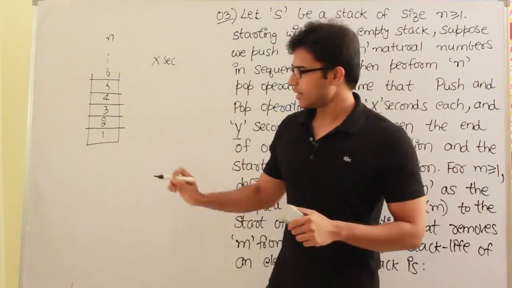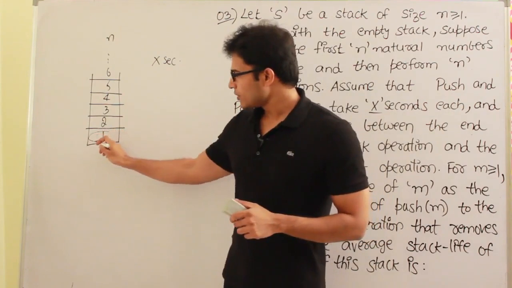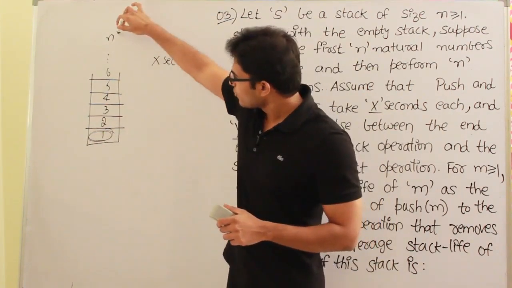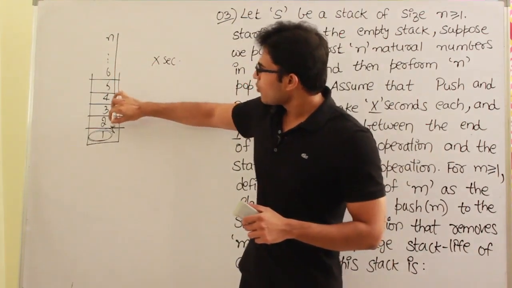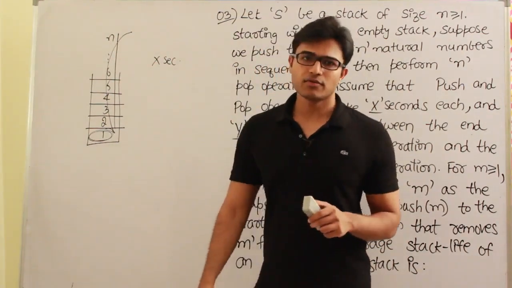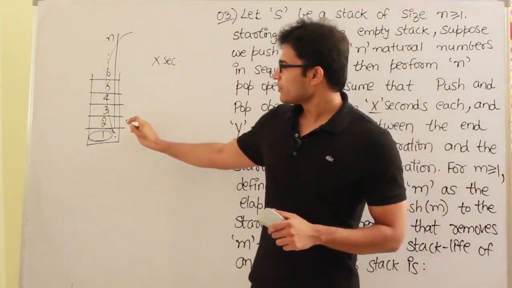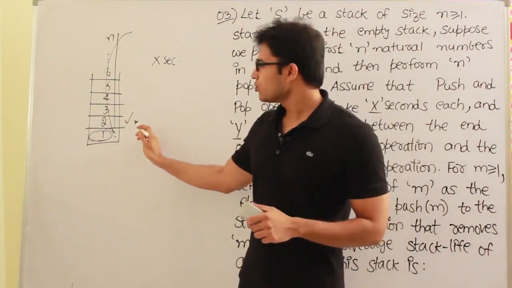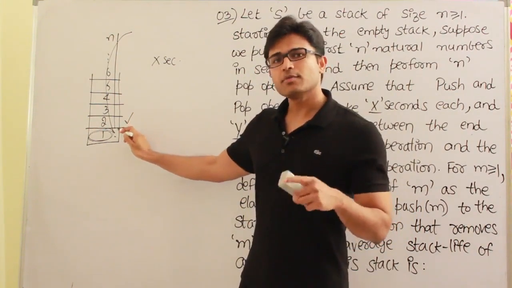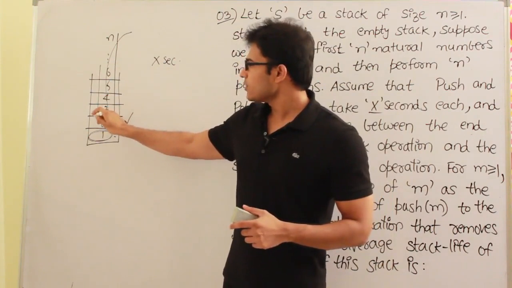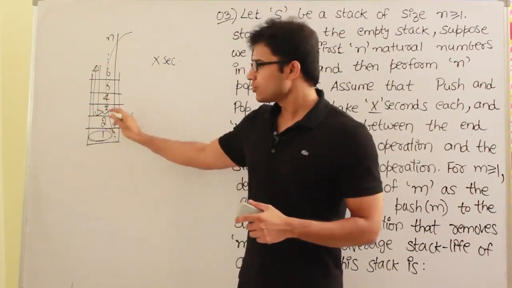Average lifetime is, for example, the lifetime of 1: after pushing 1, how much time does it take to push all these elements and pop all of them. That is called the lifetime of 1. Then only 1 will be popped off, right? And what about 2? The lifetime of 2 is, after 2 is pushed in, how much time it takes to push all the remaining elements and then pop all these elements, then only 2 will be popped off.